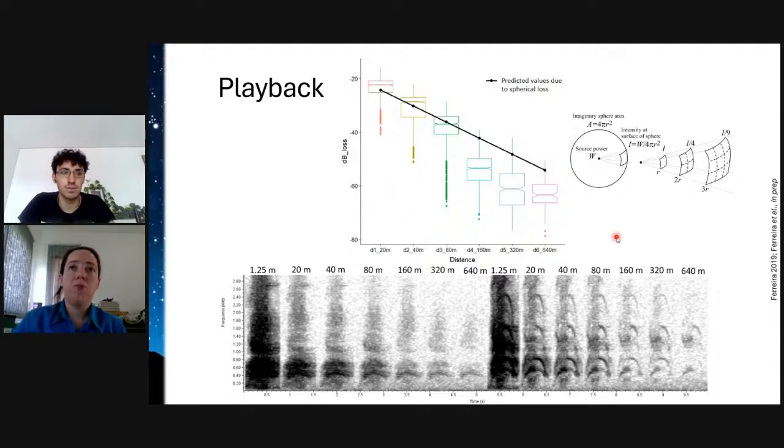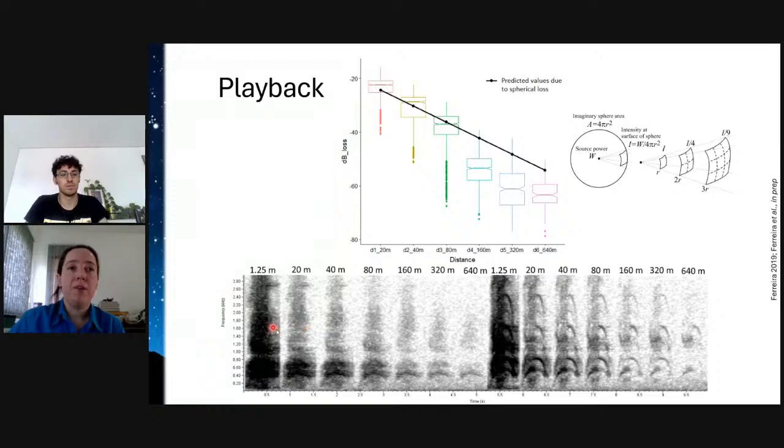For those of you that are interested in the physics of this part, the more mathematical calculations, bioacoustics is a very nice field for that, because you can really enter into very complex calculations. I will not do that today, but if you are interested in that part, bioacoustics is for you, also for you.